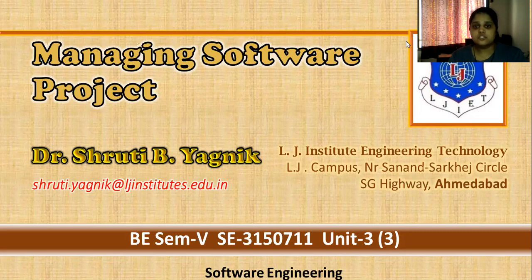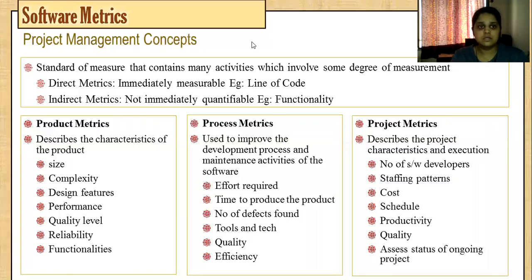In the previous lecture, we had studied about the software metrics. In the metrics, we saw what is a metrics. That is nothing but a sort of measurement, and this measurement is done for the activities that are involved in software development.